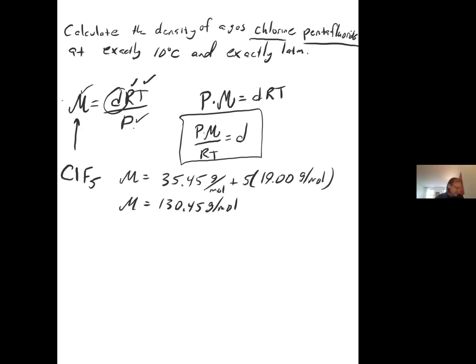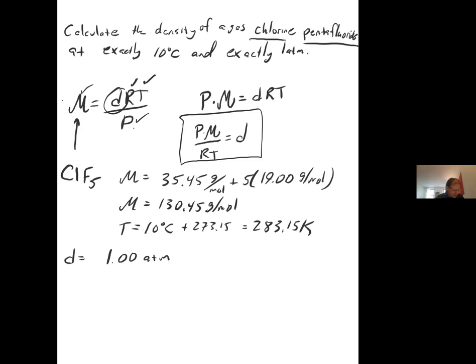So we have our pressure, we have our R. Of course, the temperature is at 10 degrees C. We want to add to that 273.15, so you get 283.15. So there you go. Okay, so we should be able to get it. So density is pressure, 1 atmosphere.